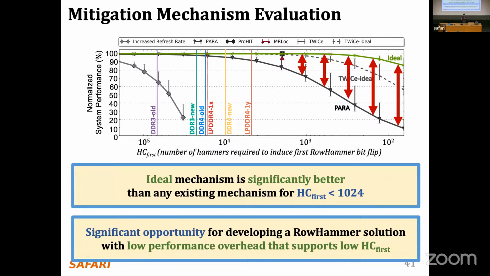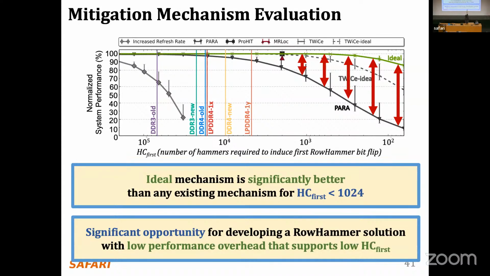It just knows which row is the RowHammer aggressor row, and it will only refresh the victim row if the aggressor row is guaranteed to activate more than the RowHammer threshold. That's the performance upper bound, and this is the green line on top of the figure.